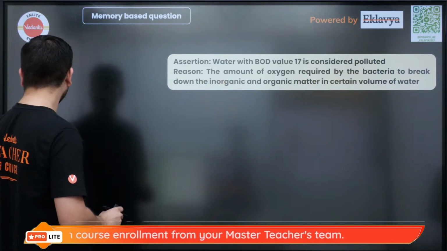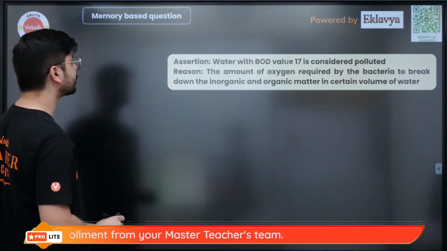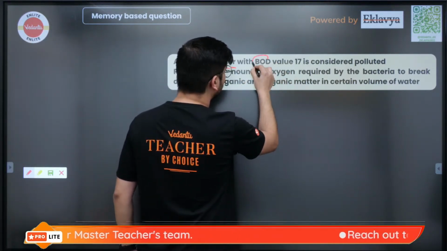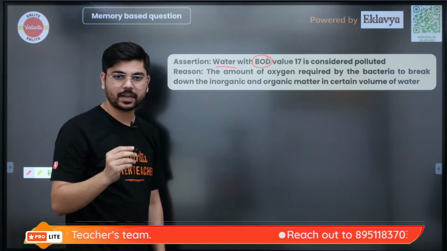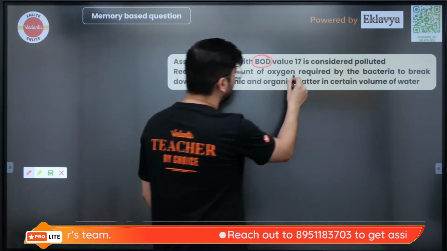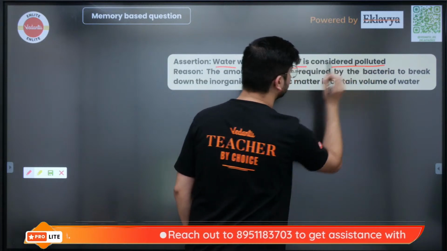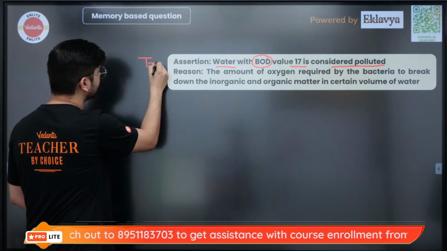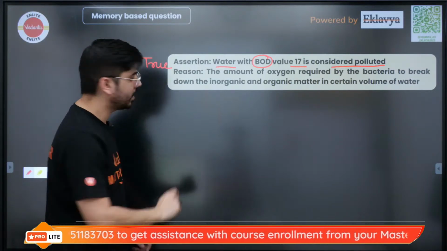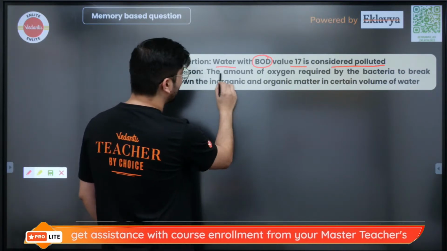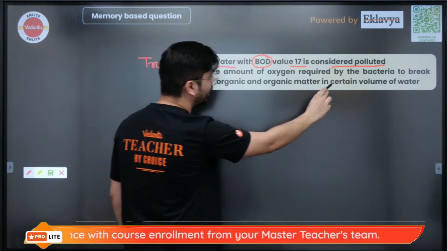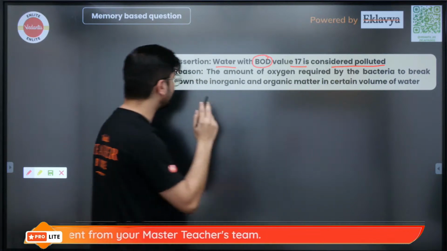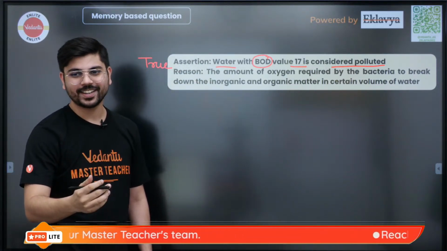The question is, the assertion over here is, water with BOD value. BOD is biochemical oxygen demand. Its value is 70 and it is considered polluted. Absolutely true statement. So this is factual, true statement. The reason is the amount of oxygen required by the bacteria to break down the inorganic and organic matter is what we call BOD.